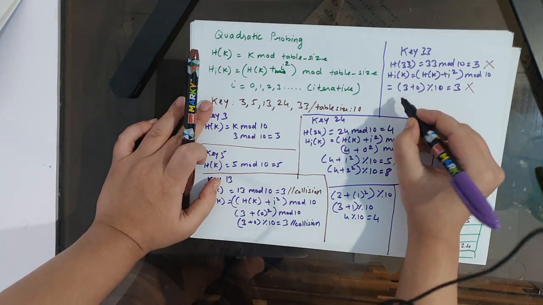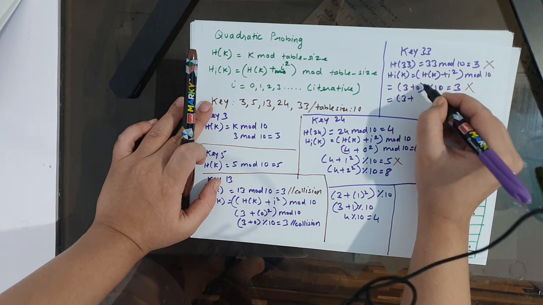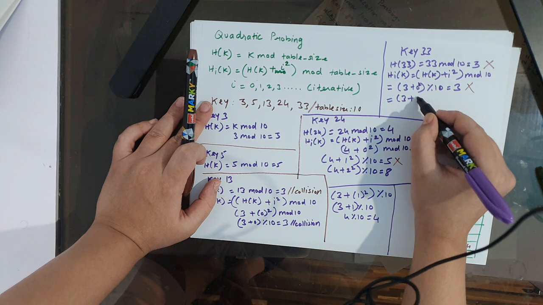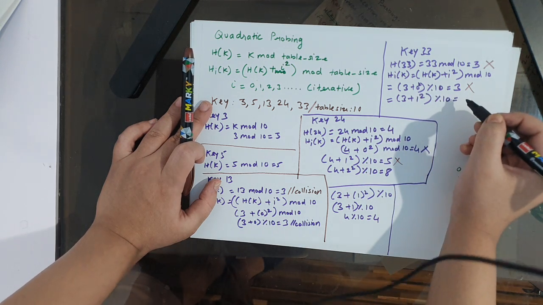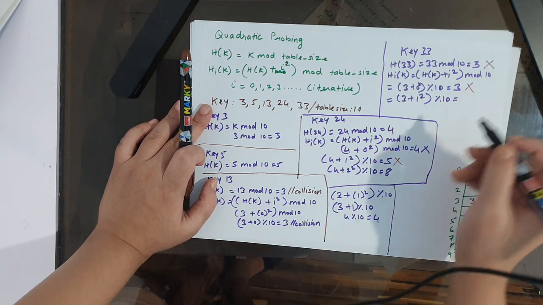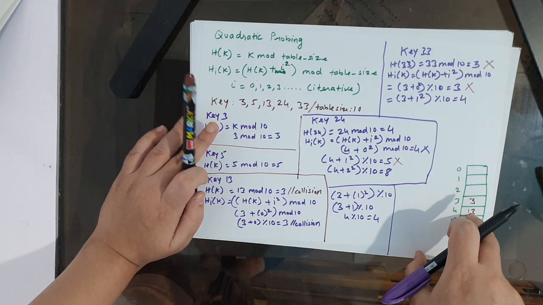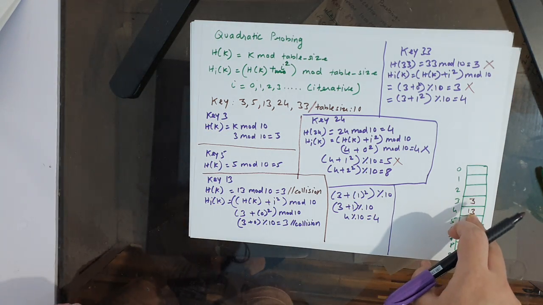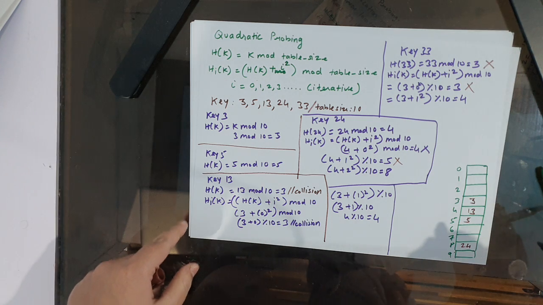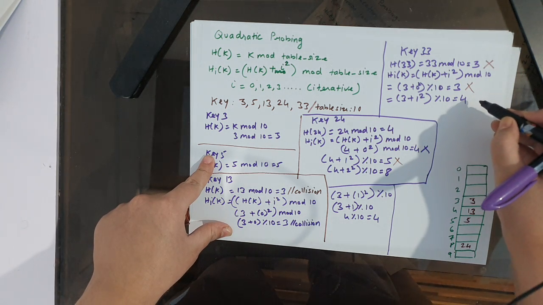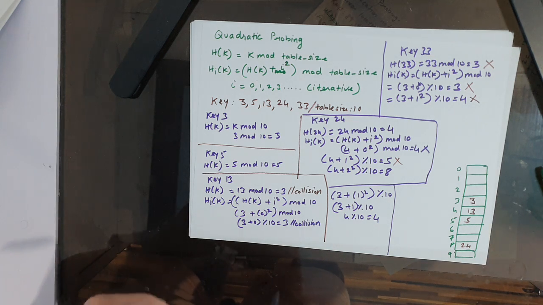Instead of 0, we'll have 3 plus 1 square. The answer that we get is 4. Is 4 available? No, 4 is also not available. So that is not our option.